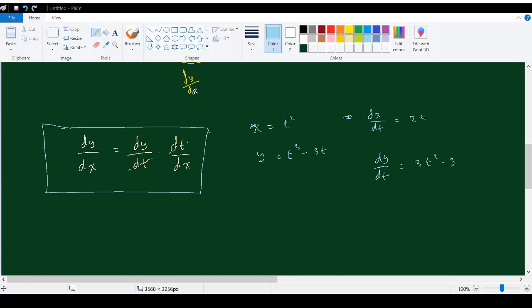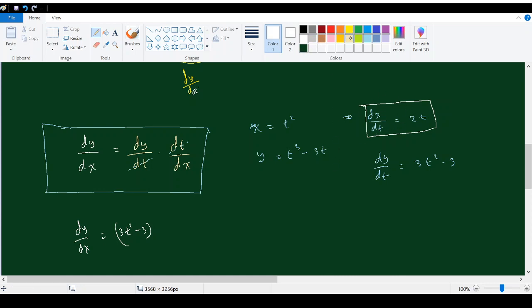Therefore, from the chain rule, dy by dx will be equal to dy by dt, that is 3t squared minus 3, times dt by dx. Now, be careful. This is dx by dt, but here we need dt by dx, which is the opposite of this one.